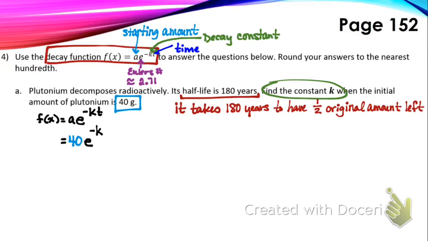F of x is my ending amount. Well, if I started with 40, how much am I going to end with if we're talking about a half-life? 20. 40 cut in half is 20. That's where we got this 20 from over here.